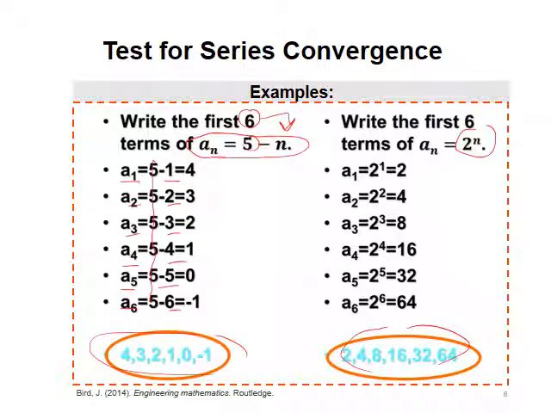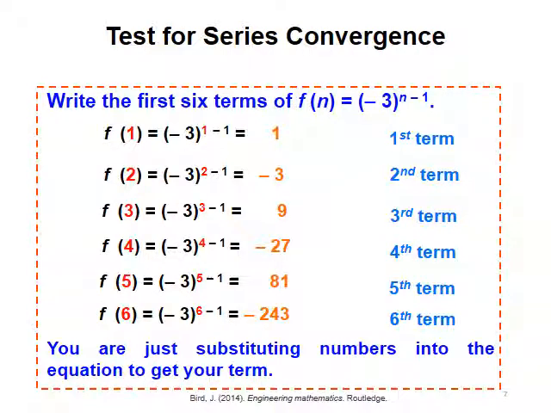Still, for a few items, like 6 or 10, it is easy to do, but when we talk about millions of items, it will be really difficult. So imagine how difficult it would be if we want to sum these items. Now we are also asked to write the first 6 terms in function notation: f of n equals minus 3 to the power n minus 1.